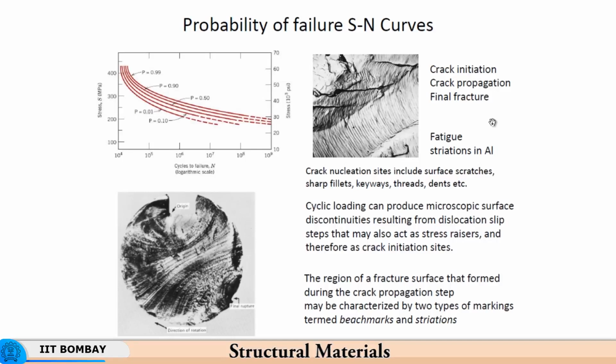So these are discontinuities resulting from dislocation slip steps that might also act as stress raisers and therefore as crack initiation sites. So you have a number of attempts by the material to arrest the crack. Had it been brittle, there would have been no beach marks, there would have been no arrest of the crack, it would have just propagated very rapidly.